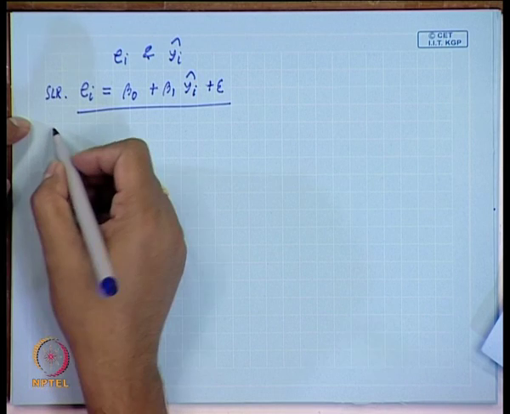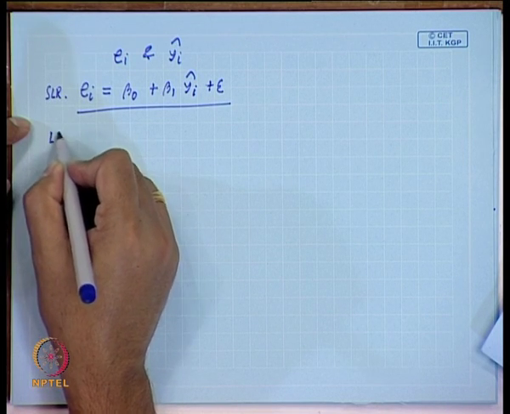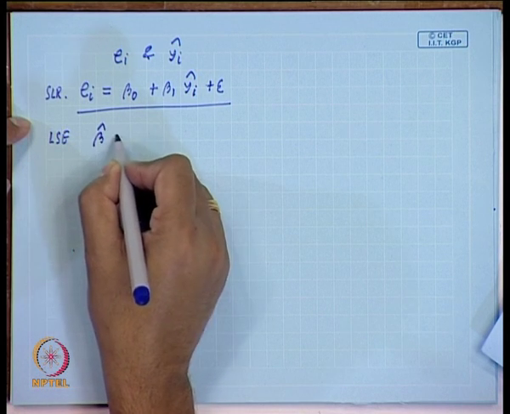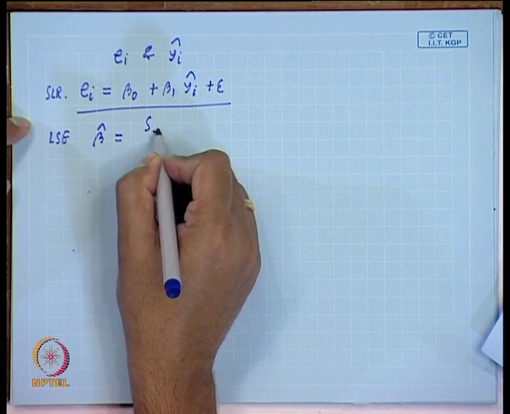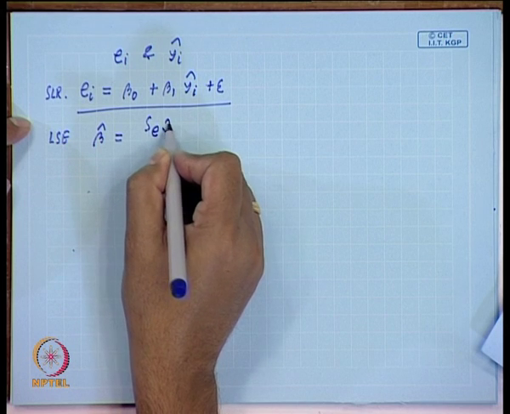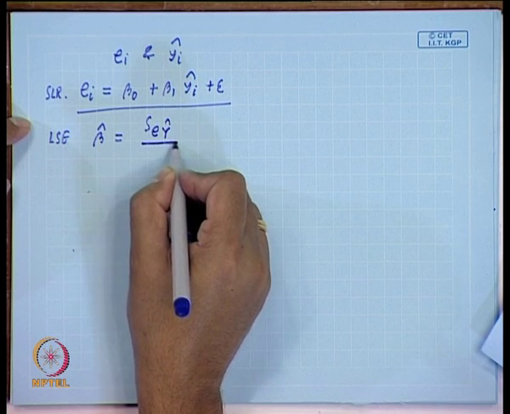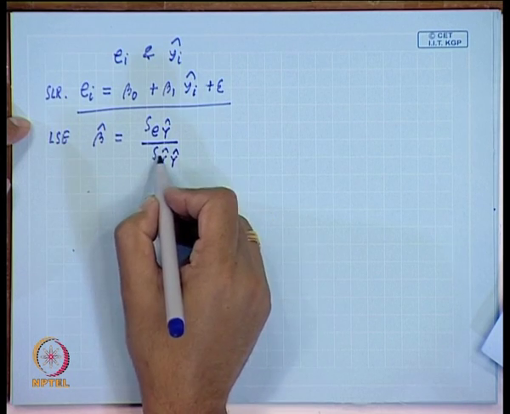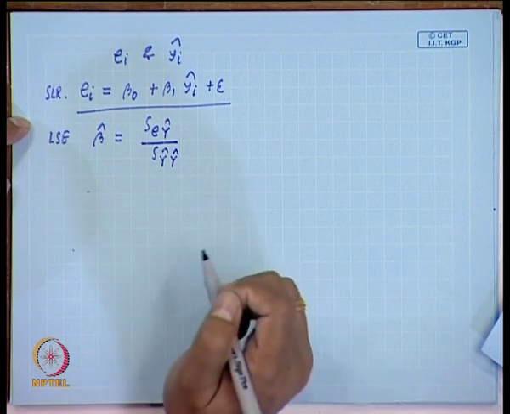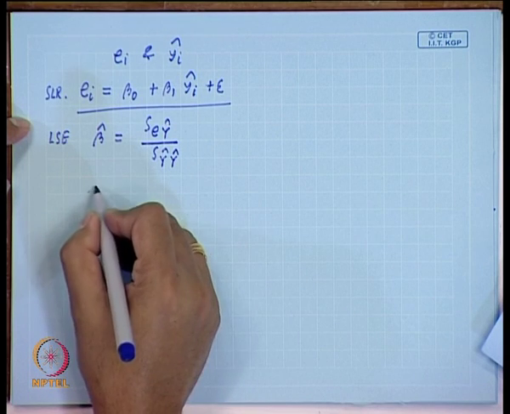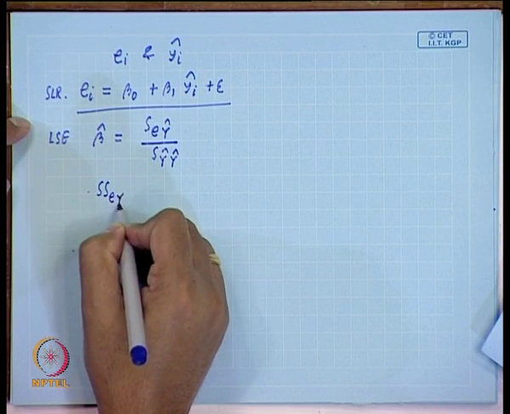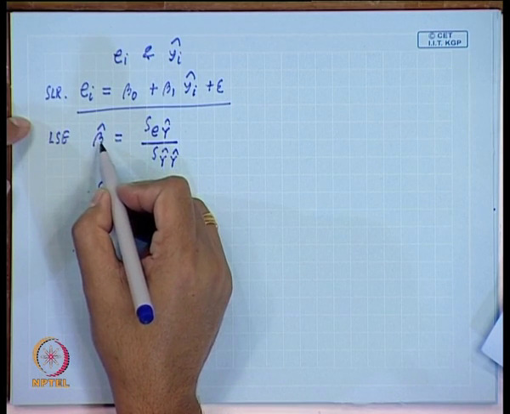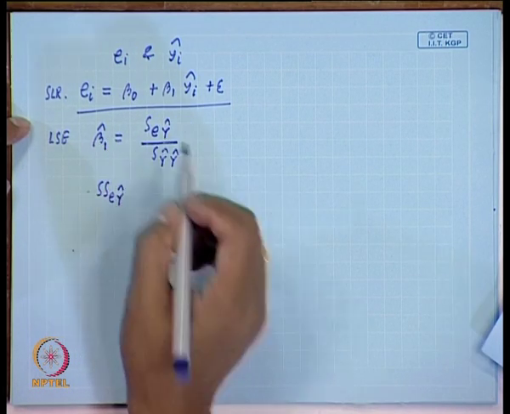And then by least square estimate, we can check that beta hat is equal to S E y hat by S y hat y hat. I do not care about this denominator. Let me proceed with S E y hat. If I can prove that this is equal to 0, then my slope is going to be equal to 0.